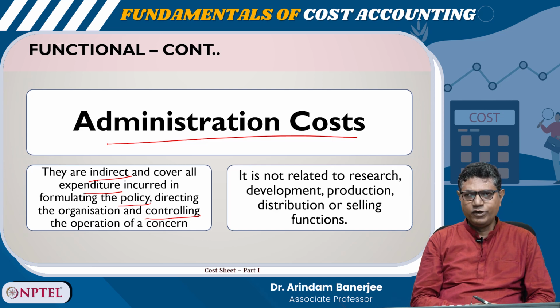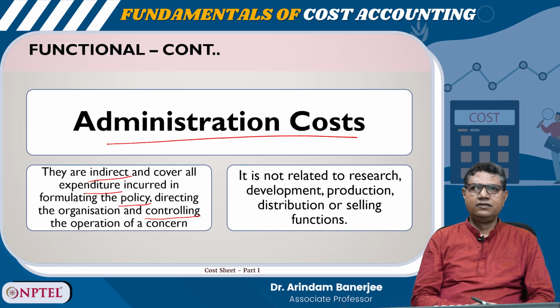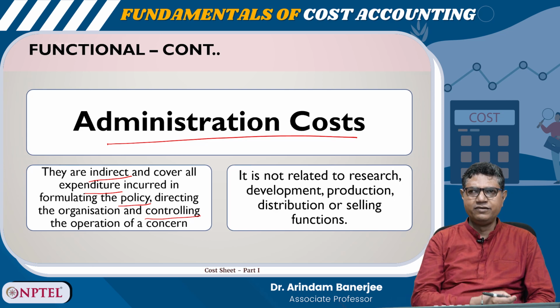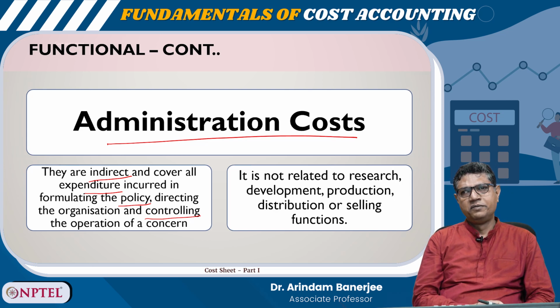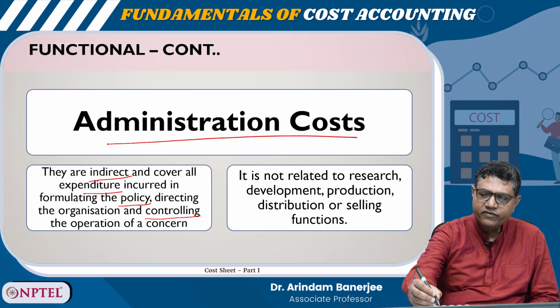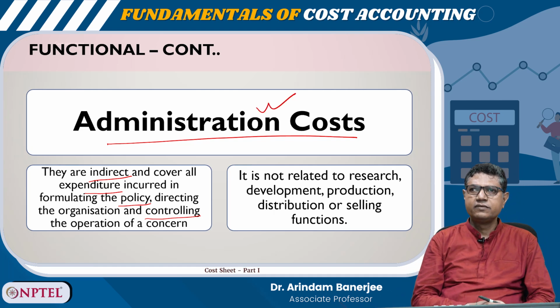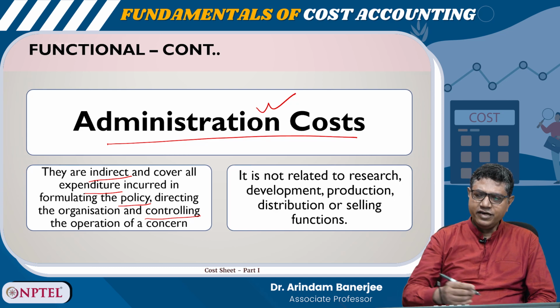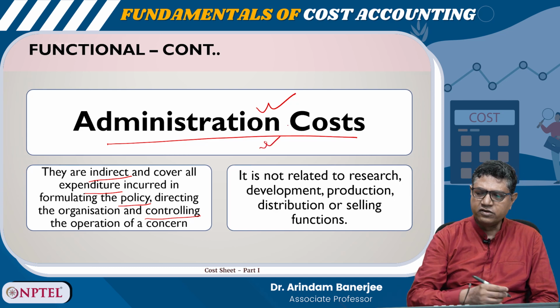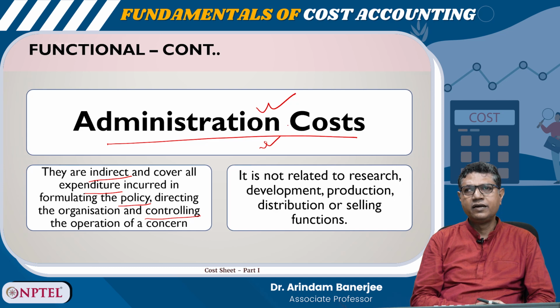There are people working there who are paid salaries, and there are other costs. The expenses for paying salaries to the employees in the finance and accounts division are an example of administration cost. Or the salary paid to the CEO is part of the administration cost.